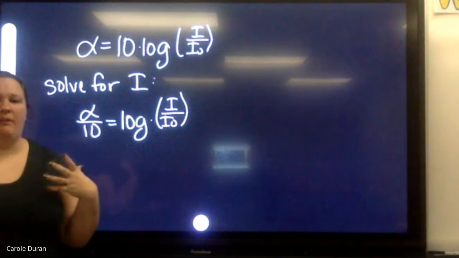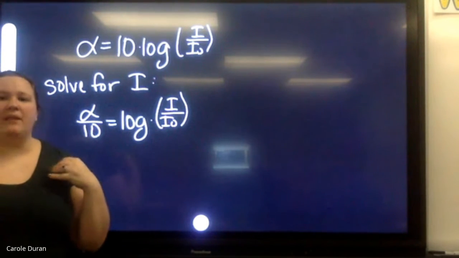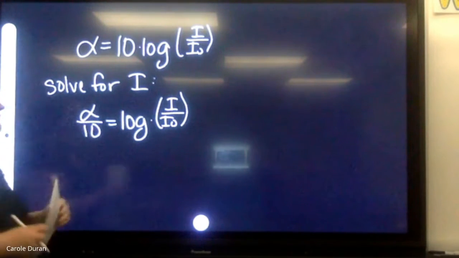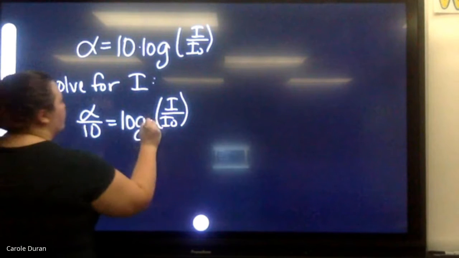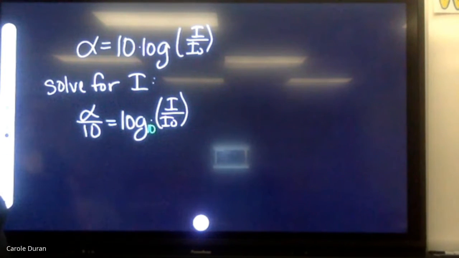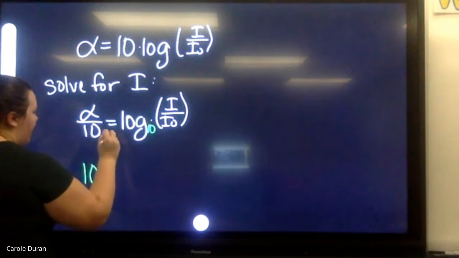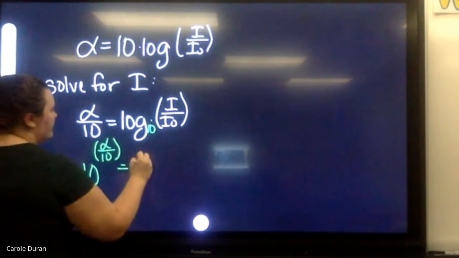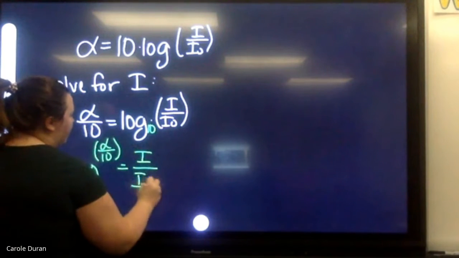In fact, it's inside my logarithm. So to get it out of my logarithm, I can go ahead and change this entire thing into an exponential function. We know that since there was no base listed, the base on my logarithm is 10. So I'm going to have 10 to the alpha over 10 equals I divided by I naught.